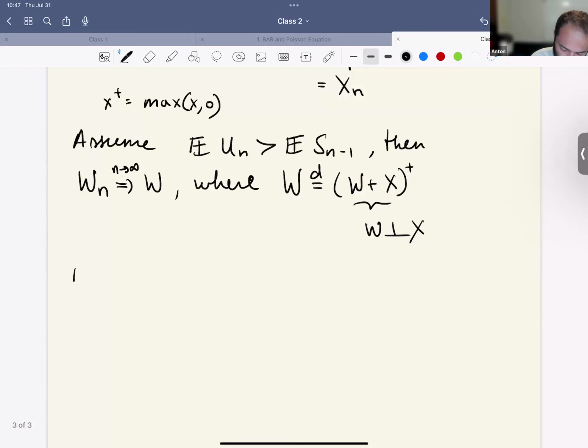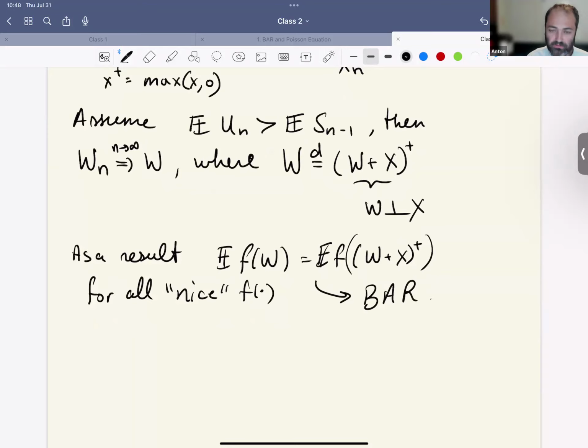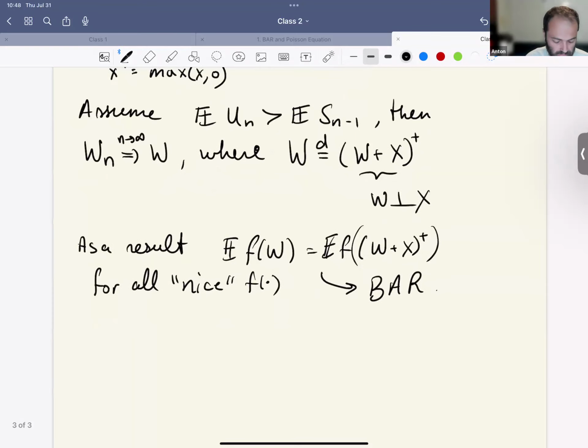So as a result, expected value of f(W) equals expected value of f((W plus X) positive part), for all sufficiently nice functions f. And this is another instance of what I've been referring to as the BAR.